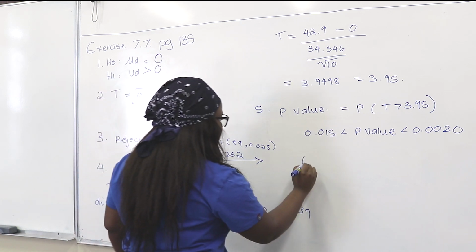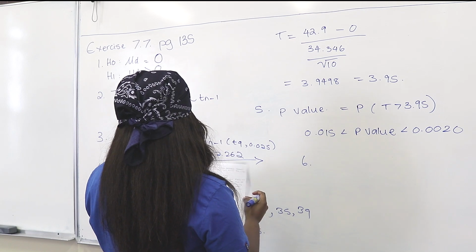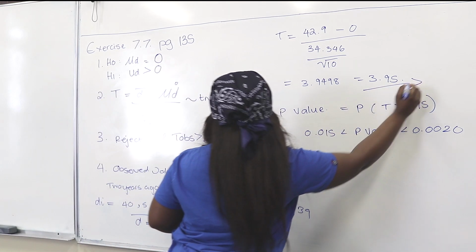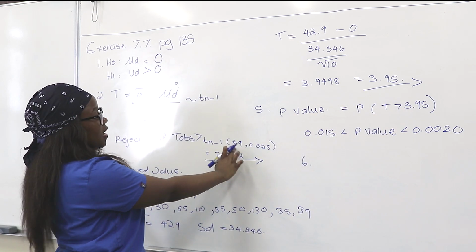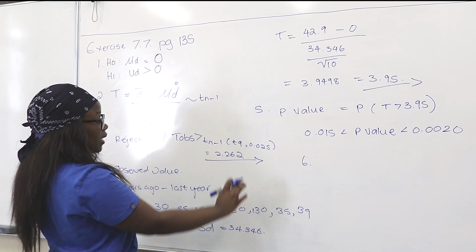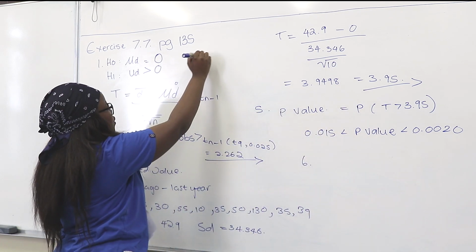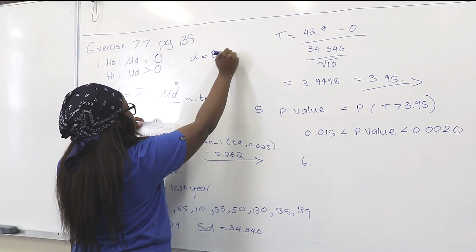And so your step number 6, we have noted here that your t observed, what was your t observed? It's 3.95, which is actually greater than your T n minus 1 at T9 degrees of freedom. So your T observed is greater than T n minus 1, and your p-value is actually less than alpha, because we were given alpha to be 0.025.